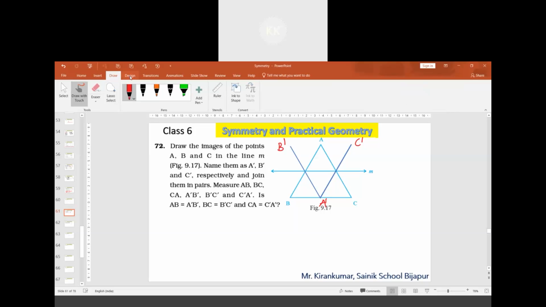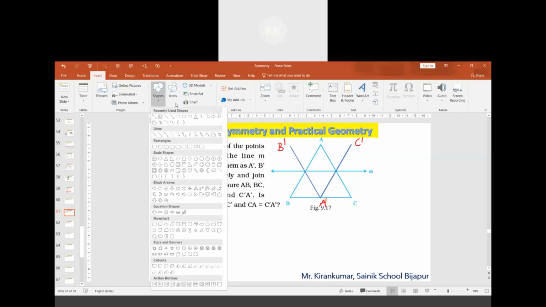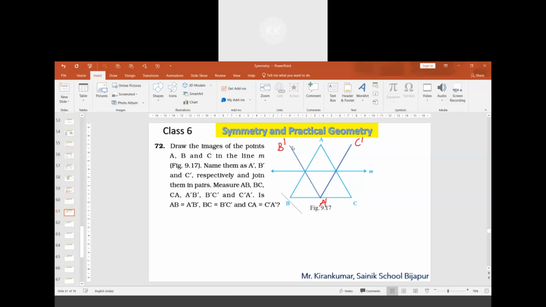Now I am going to join this B dash C dash. It did not come. Insert line segment here.